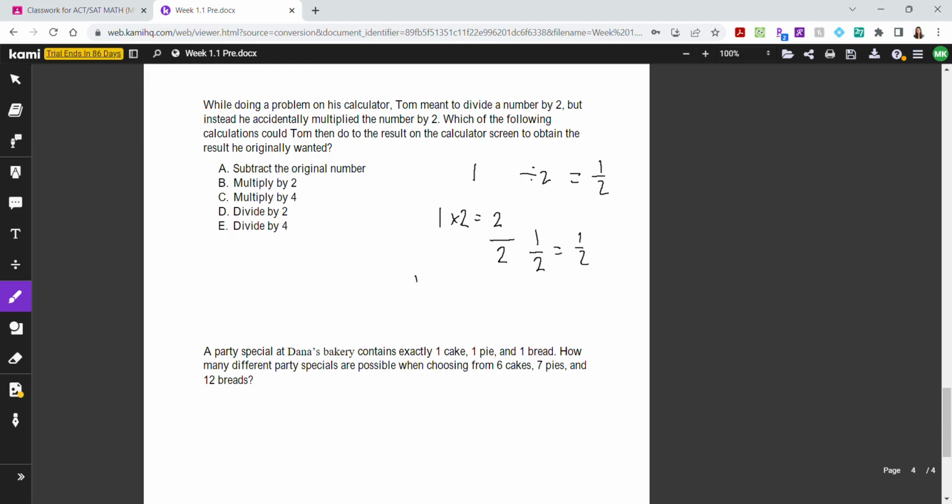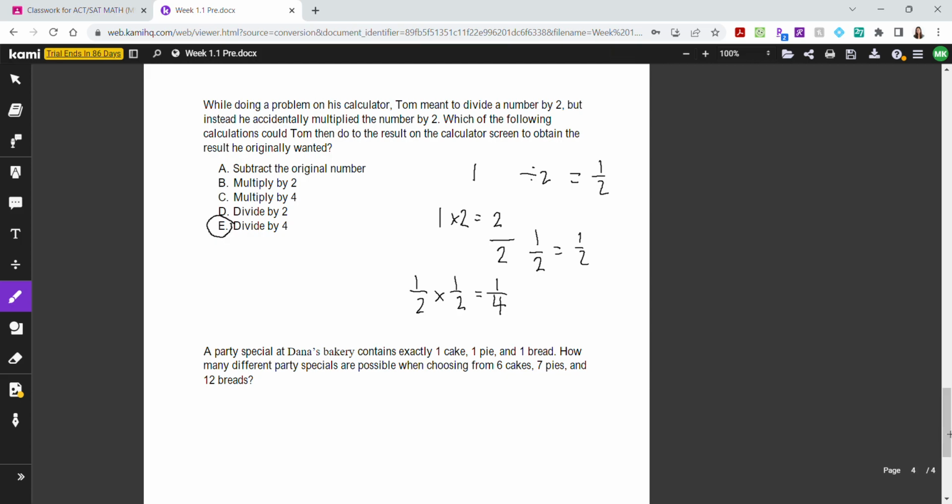So we do half times half, which would give us 1/4. So that means essentially he would need to divide by 4, so E, in order to get his answer. If he made a mistake and wanted to get the answer that he originally wanted, he would need to divide by 4.